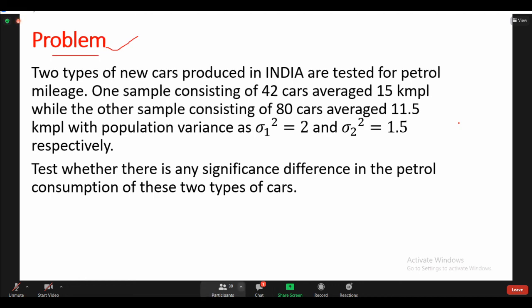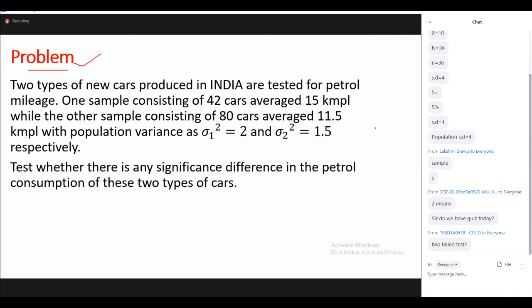What is the sample size? 42, that is greater than 30, and the other is also greater than 30. So large samples, two means. Very good.